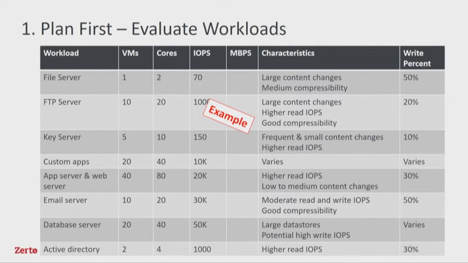The one that usually takes the most effort is evaluating your VMs and your workloads. This is an example. This was actually in an Excel spreadsheet. It's a lot easier in Excel because you'll notice on here the megabytes per second is a blank column because I didn't want to do the calculations and hand translate them into here, but you can easily do that in Excel by dividing out the block size with the IOPS rate.